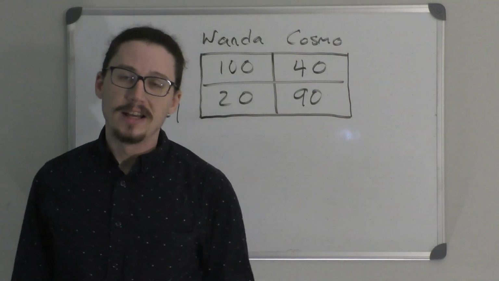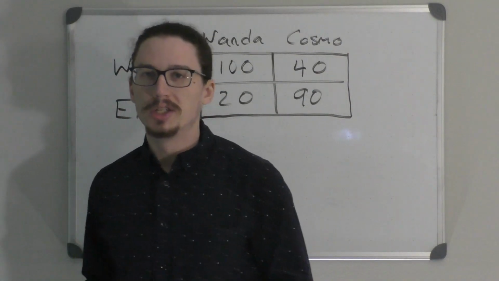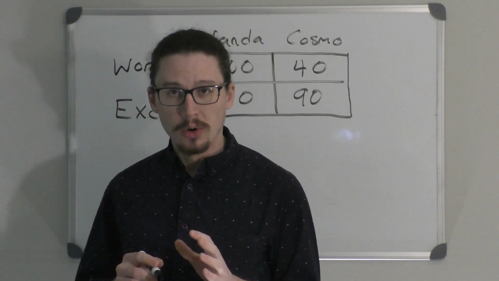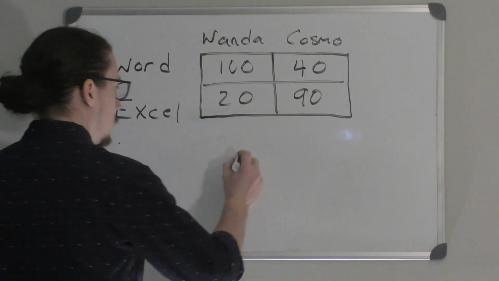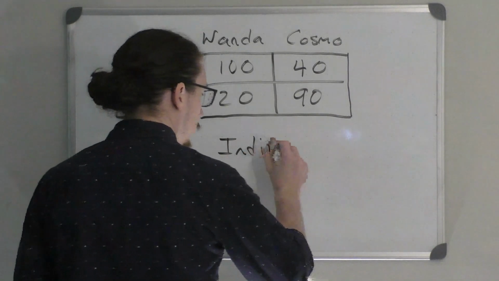So the profit is $40 at a price of $20, $90 at a price of $90. $90's higher than $40, so they're going to charge $90.